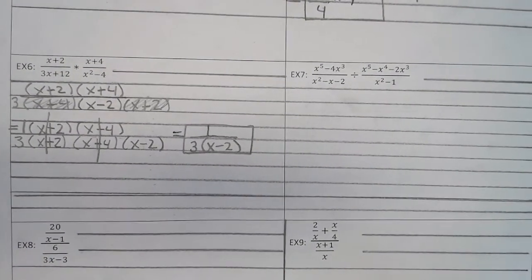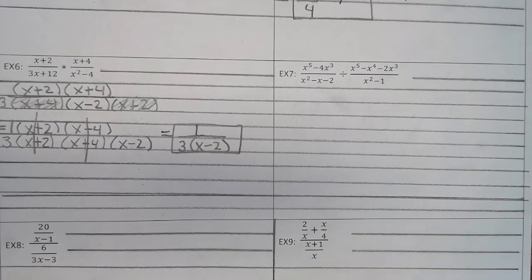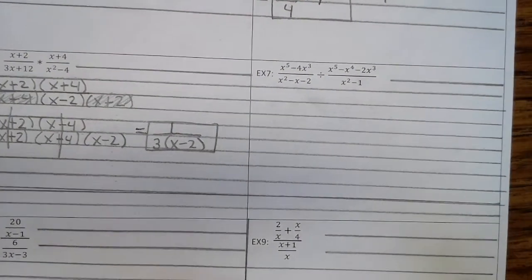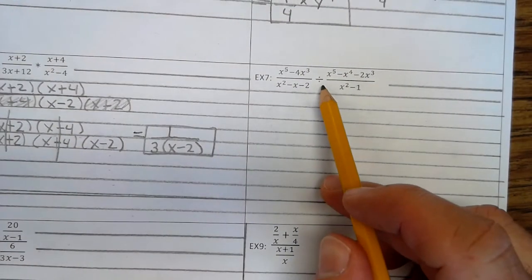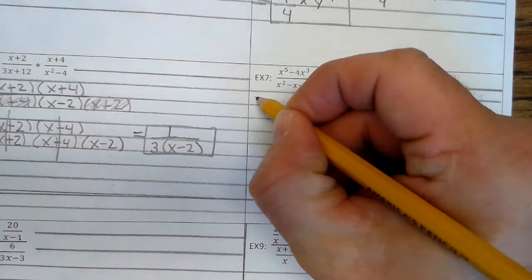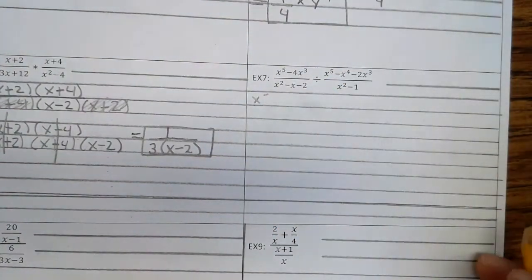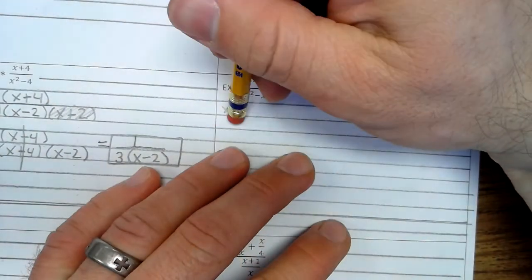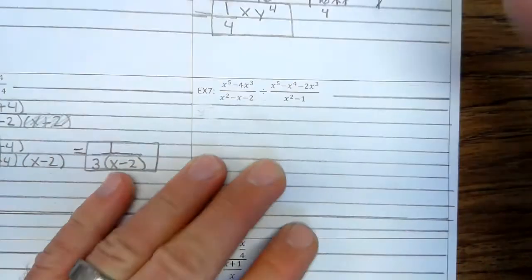All right, let's take a look at example 7. Again, whenever you divide fractions, you flip and multiply. I think this problem is quite long, so we're going to use as much space as we can.